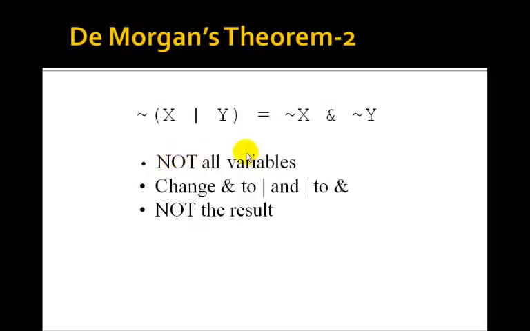That is, we not all the variables, so this X becomes not X, this Y becomes not Y. We change ANDs to ORs and ORs to ANDs, this OR becomes an AND, and we not the result, the not goes away, and indeed this is a Boolean identity.